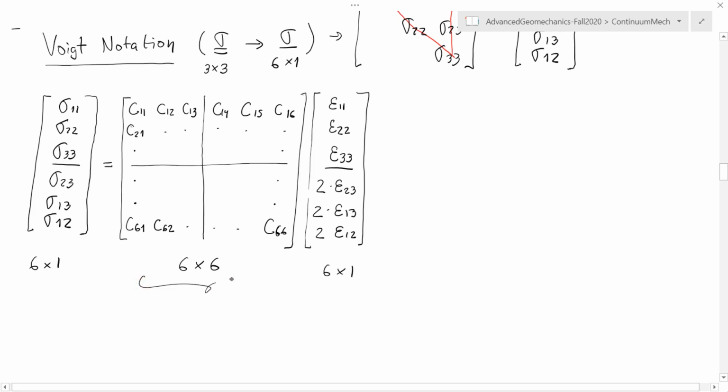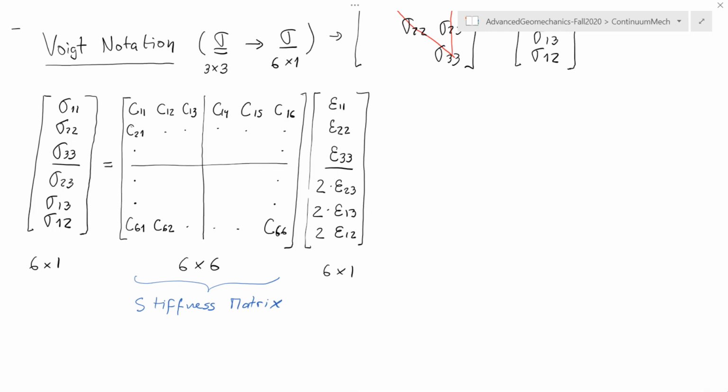So this one is going to be what is called the stiffness matrix, in general, that relates the stress tensor to the strain tensor. All right, so let's see how we can now simplify this stiffness matrix into something more meaningful and more practical that we can use in mechanics.